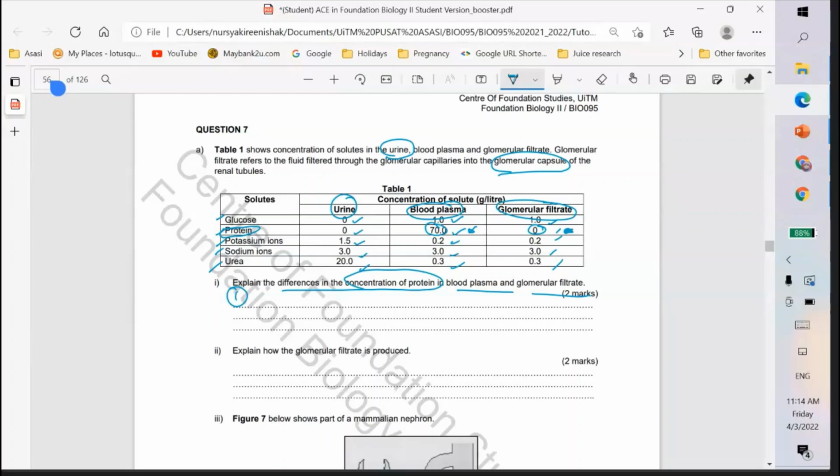Madam, for blood plasma, I don't have the answer, but for the glomerular filtrate, I answer because it cannot pass across during the ultrafiltration.